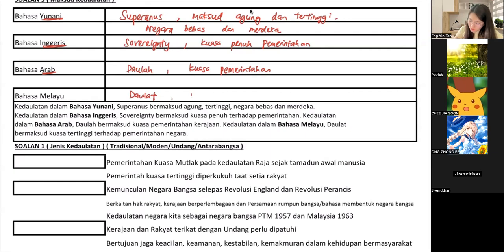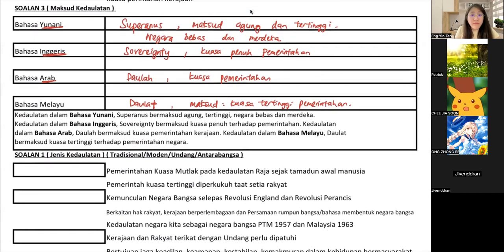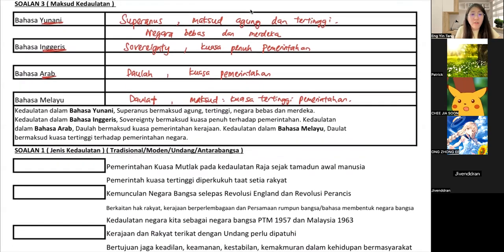So, maksudnya ialah kuasa tertinggi to manage the government. Okay, so you see, this is the time for you to practice to write the key points. The key points. That's how you memorize. Boleh faham?